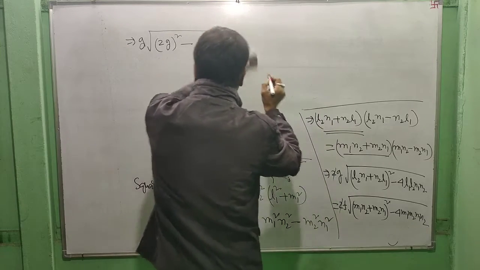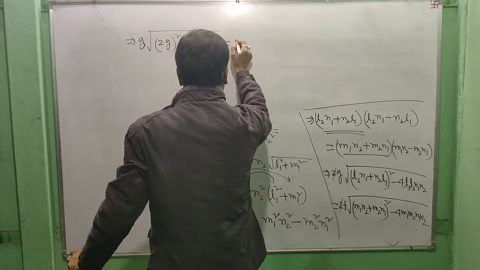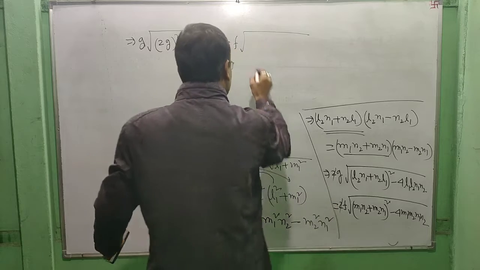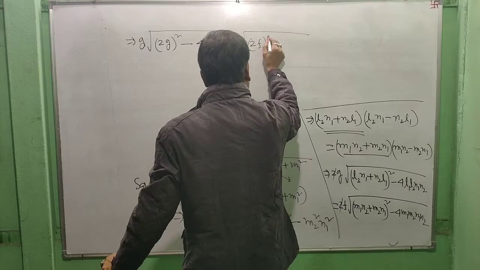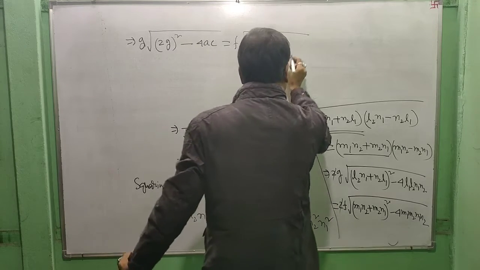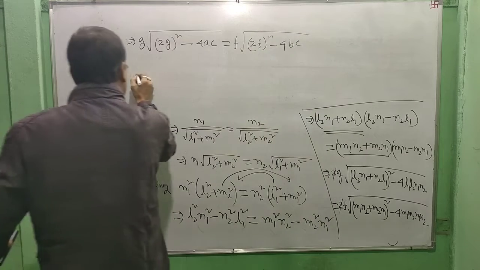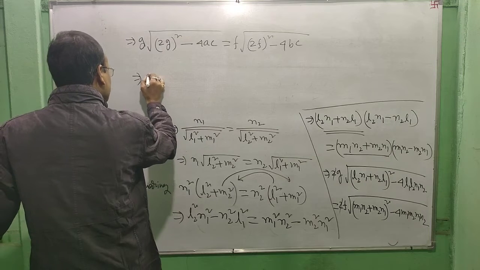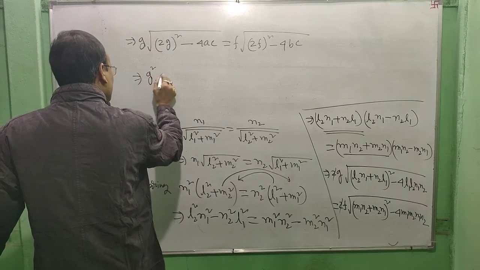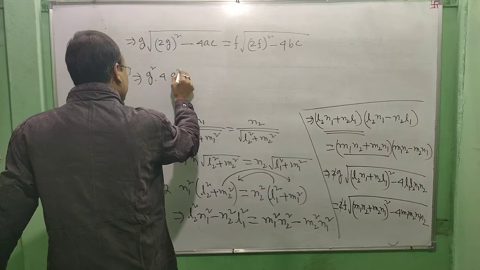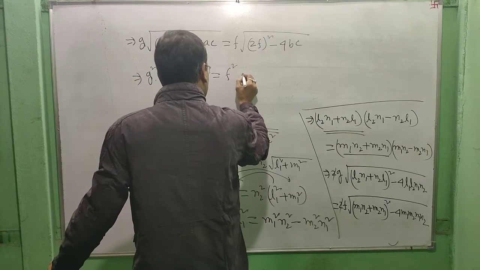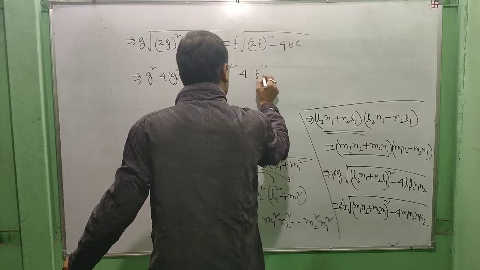4ac is equal to f into root of r. This is nothing but twice f whole square minus 4bc. This means z square into 4 times of z square minus ac is equal to f square into 4 times of f square minus bc.